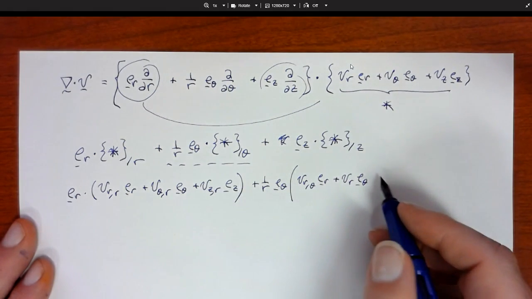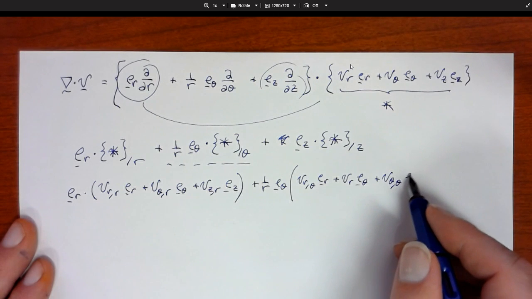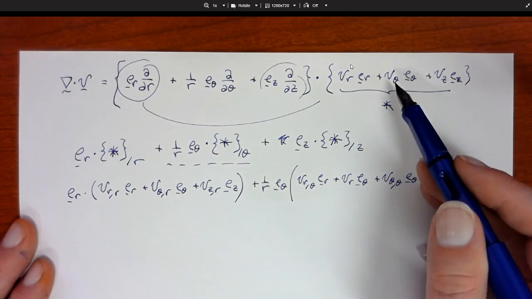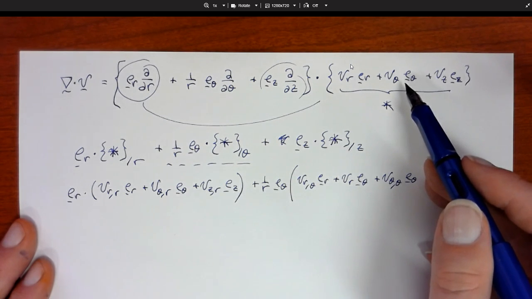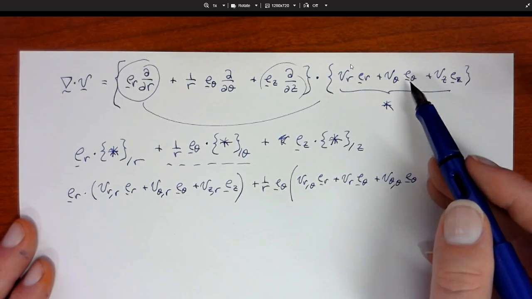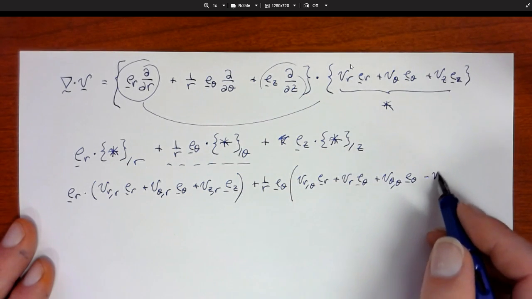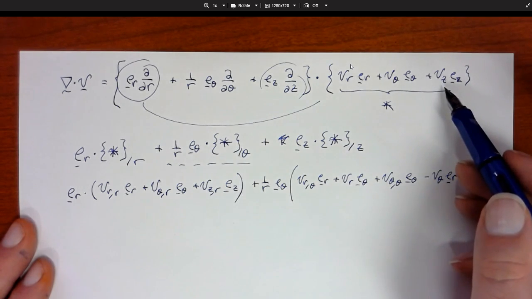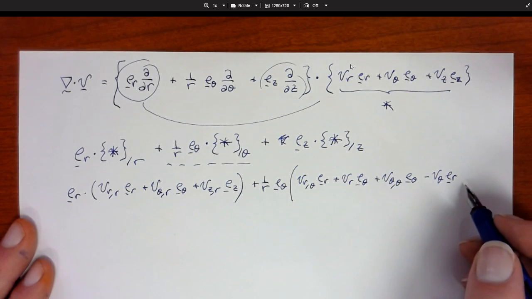Now we operate on this term, so we get V theta, partial derivative with respect to theta in the E theta direction. Now we do the partial derivative of this, I'm sorry, this times the partial derivative of this with respect to theta. The partial derivative of E theta with respect to theta was minus ER, so this is going to give me a minus V theta in the ER direction. Now for VZ, EZ doesn't change with respect to theta, right?